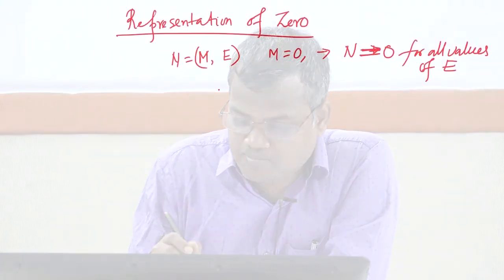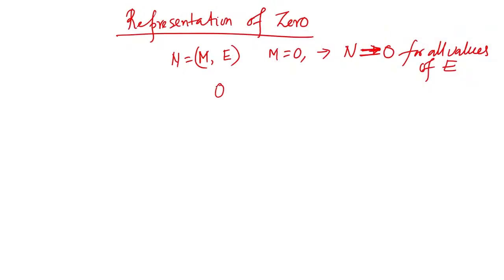Another issue: let us say I have a mantissa 0.11, a binary number, and let us say the base is 2 to the power 11. This is one representation.